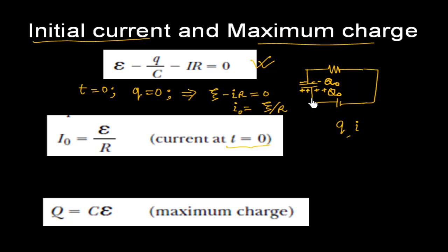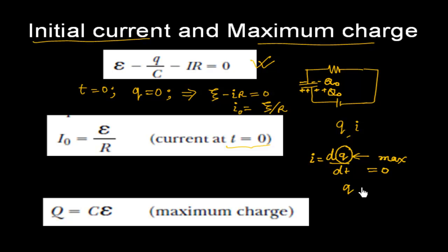When we have maximum charge, current will be 0. You can define it yourself. If you have some idea of mathematics, I is written as dq by dt, and if I want q to be maximum, I have to have dq by dt equals 0.